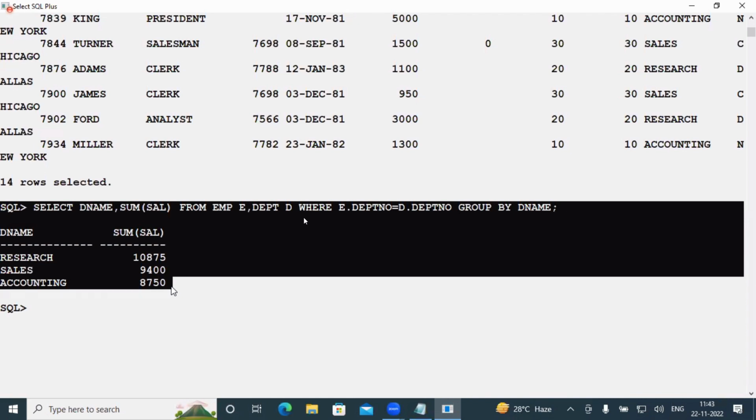Okay, right. Now after grouping the data, if the user wants to perform some operation, which clause do we need to use? Having clause. It's very good.